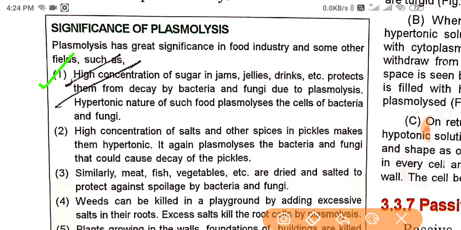That's why sugar has also been used as a preservative for many years. Like sugar, we use oil and salt, NaCl. These are all examples of natural preservatives used for many years by human beings.